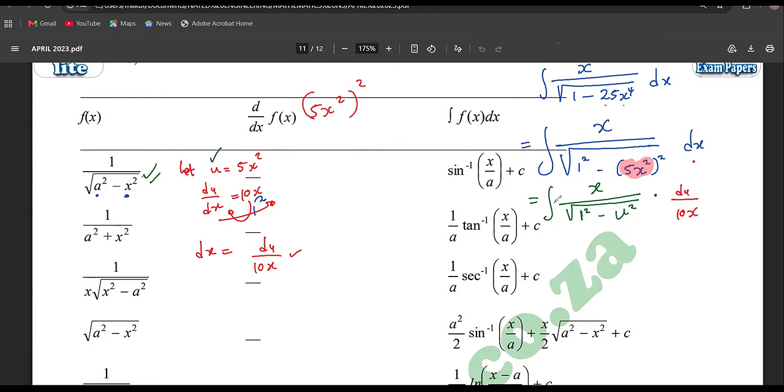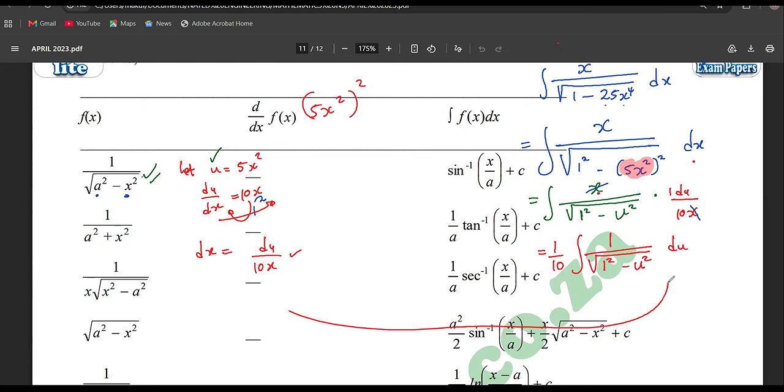The x and the x cancel, numerator and denominator, and you take the 1 over 10 out of the integral. You remain with the integral of 1 over the square root of 1 squared minus u squared with respect to u.